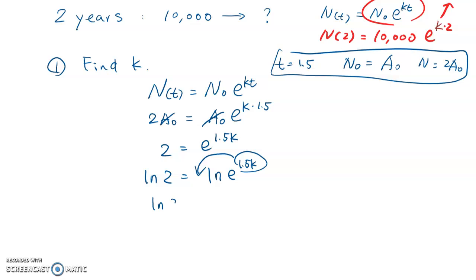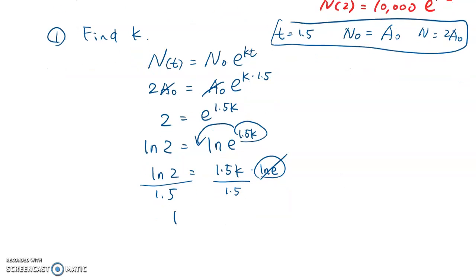So we have ln of 2 equals 1.5k times ln of e, where ln of e is just 1, so basically it's out of the picture. To find k here, we need to divide both sides by 1.5. So k is equal to ln of 2 over 1.5.